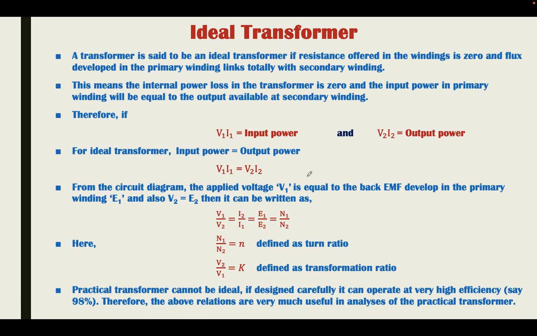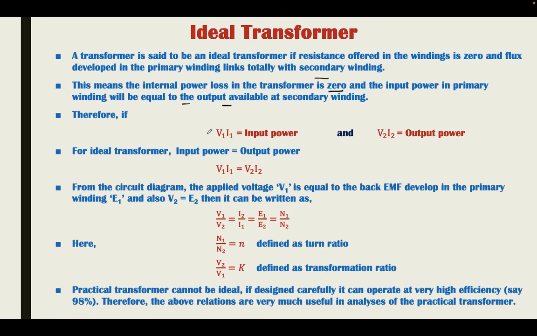Now, considering the transformer, apart from the constructional components, we can analyze the transformer electrically. A transformer is said to be ideal if the resistance of the winding is zero and the flux developed in the primary winding links totally with the secondary winding. This means the internal power loss in the transformer is zero, and the input power in the primary winding will be equal to the output available at the secondary winding.